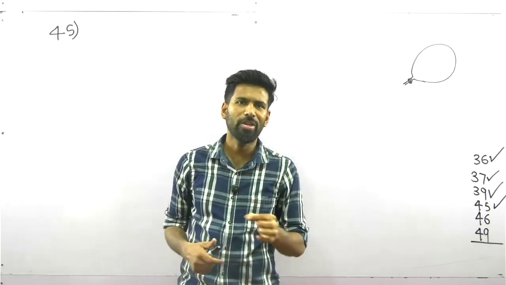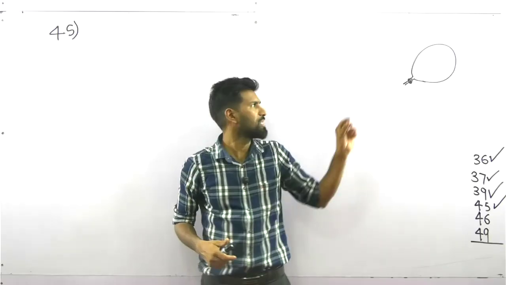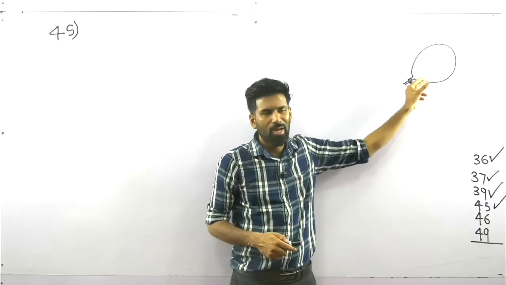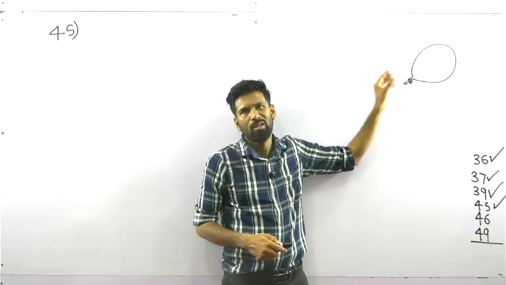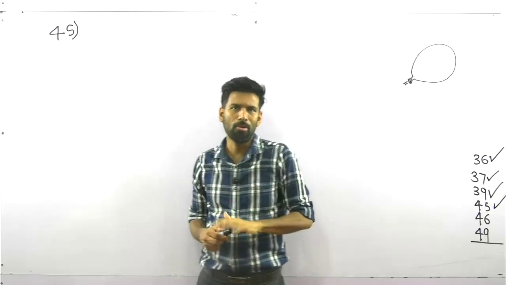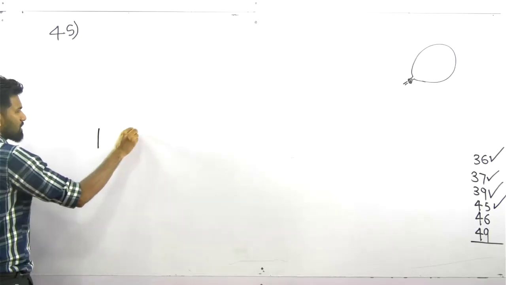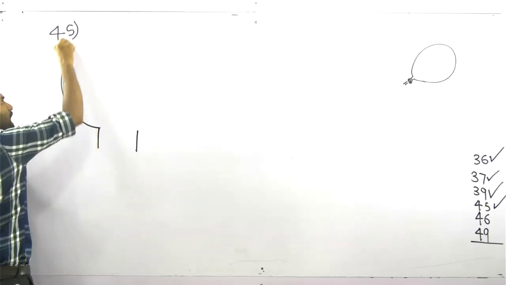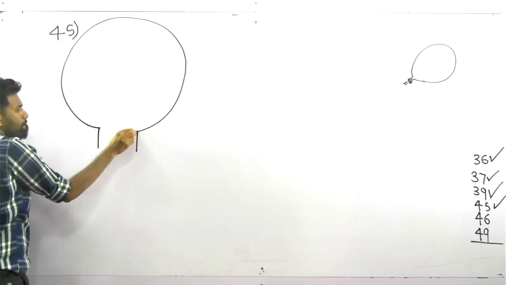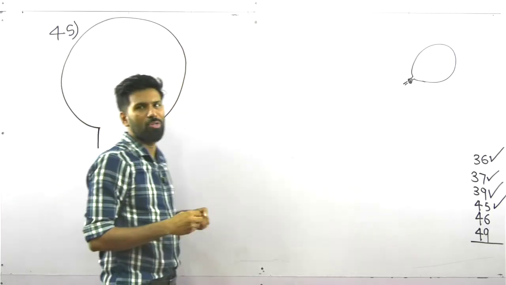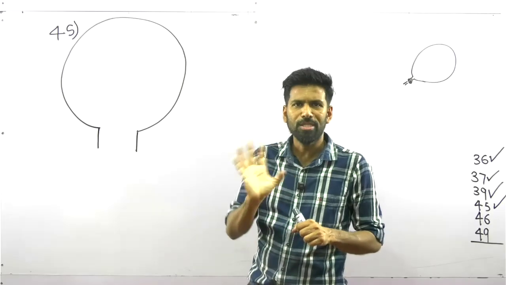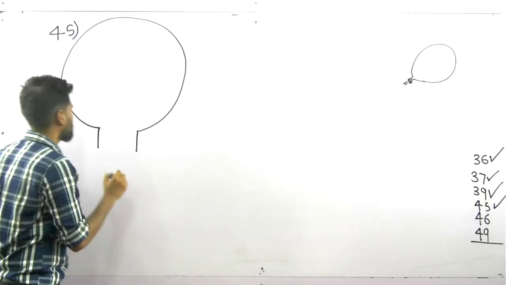In a small balloon we use in the birthday party, we seal the air inside it by tying it from the end. We seal the air inside the normal balloon. In a hot air balloon, this is what happens. It's a very large balloon. It's not sealed.